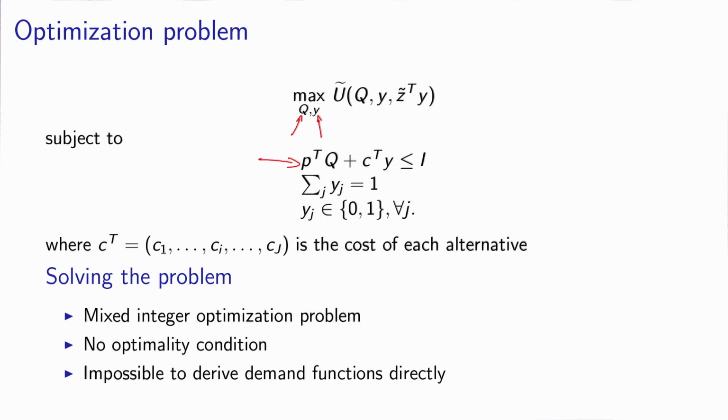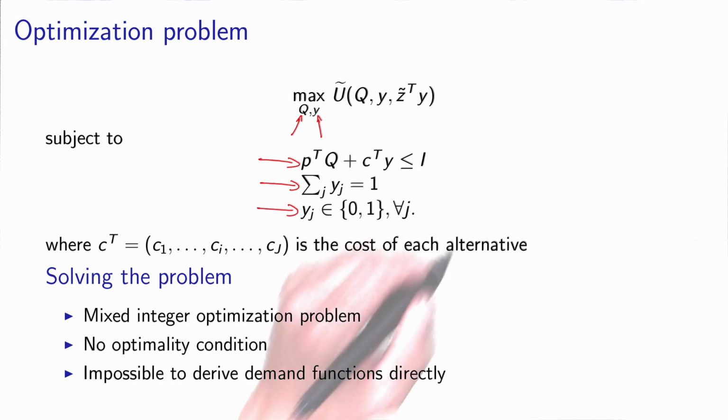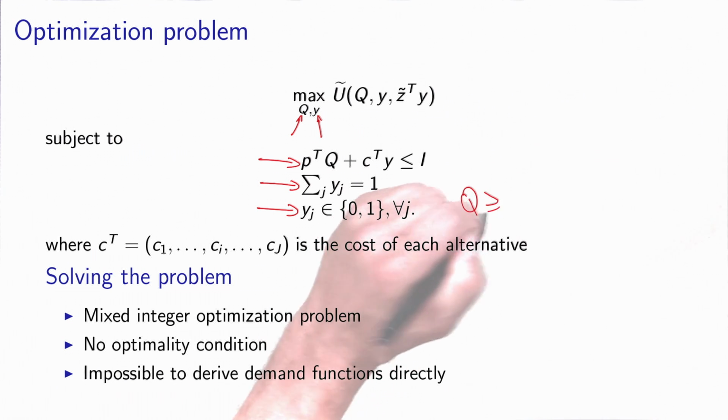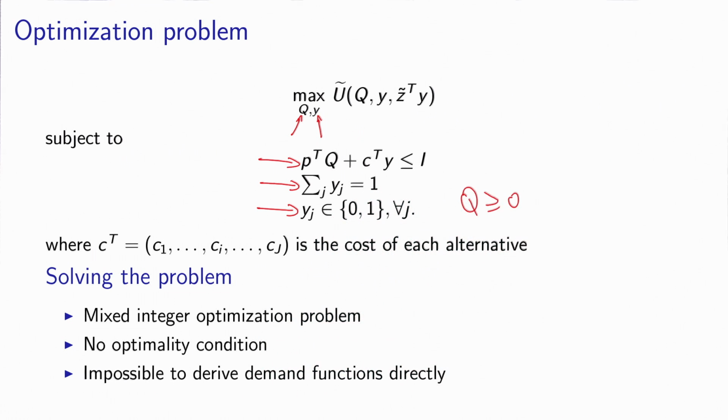So now the total money which is spent is the money associated with the choice of continuous good, P transpose Q, and the money associated with the purchase of the discrete good, which is C transpose Y, where C is the vector of the cost of each alternative. And then we need to add the constraints that only one alternative can be chosen, and the discrete variable can take the values only 0 and 1. And as before, there is the constraint that Q must be non-negative.